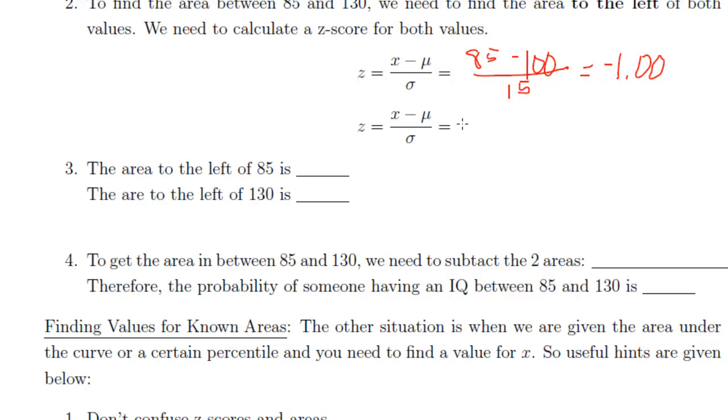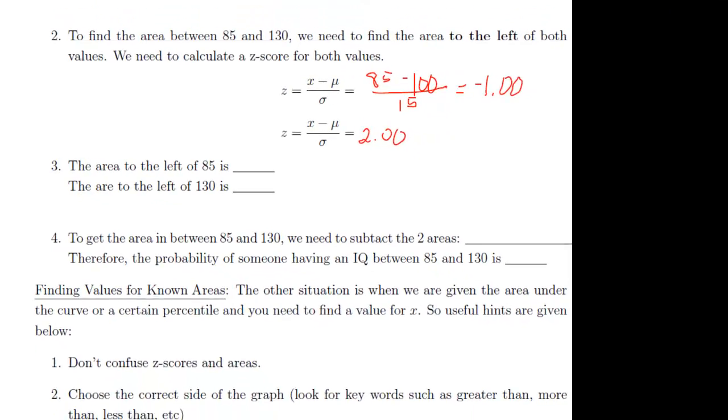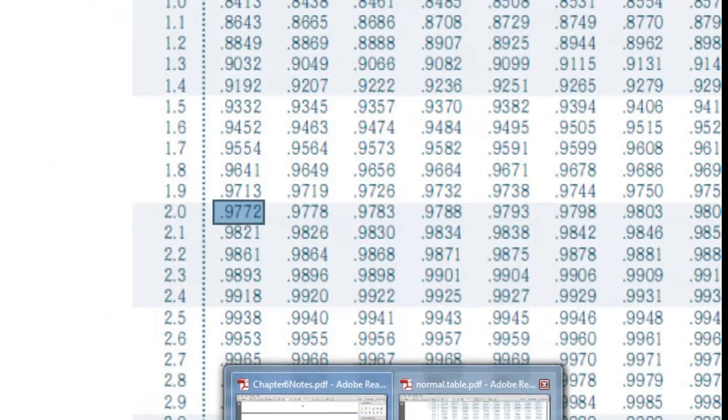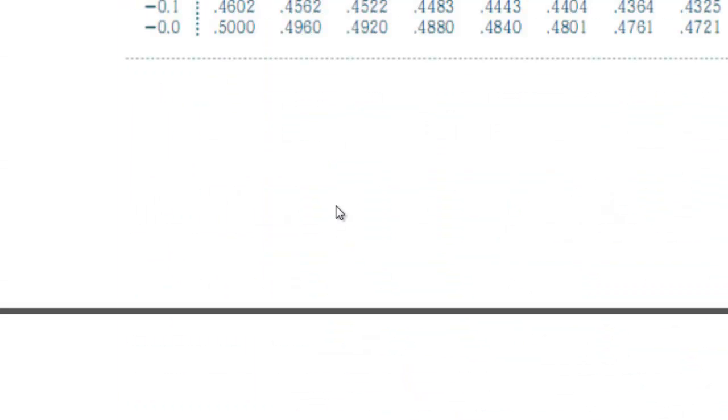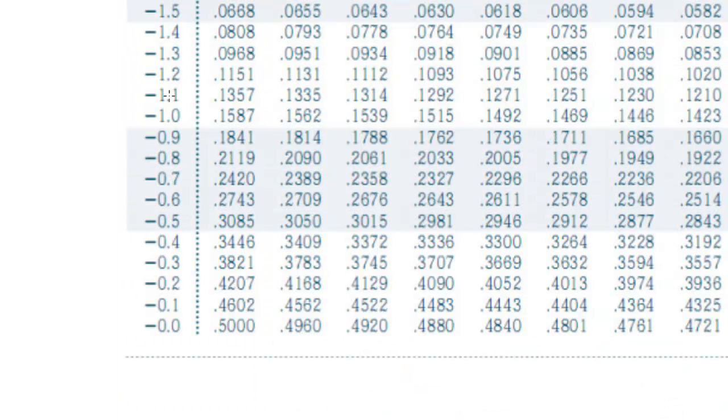And then I already calculated the one for 130. We got 2.00 for that one. And then I need to look up the area to the left of negative 1.00. So I go to my normal distribution table. And here's negative 1.0. I go out to just the first column because it's negative 1.00. And the area to the left is 0.1587.